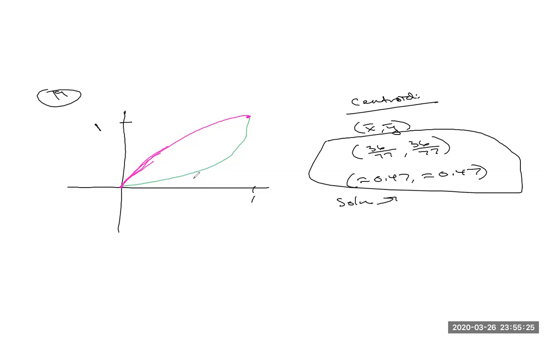Okay, so we would note that 0.5 would be right in the middle. So our centroid would be located a little bit less, so 0.47.